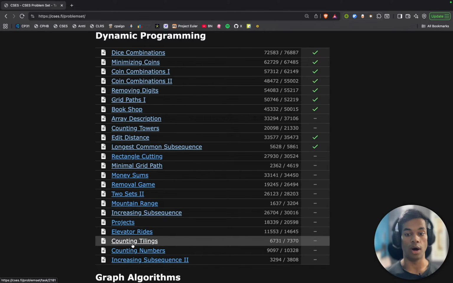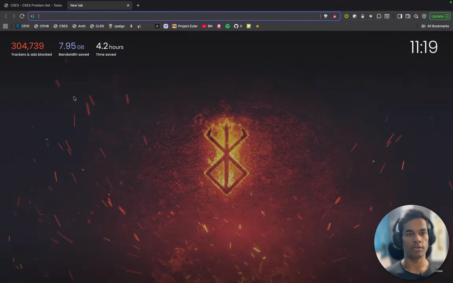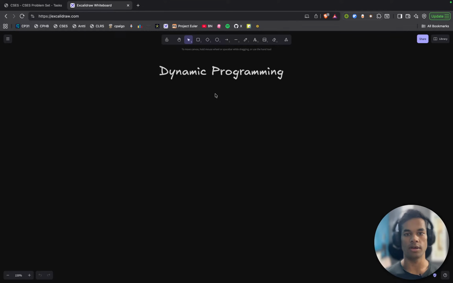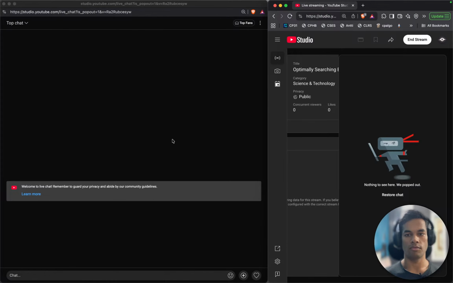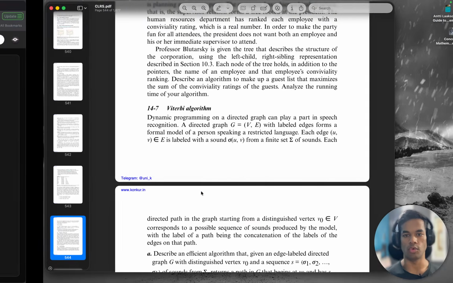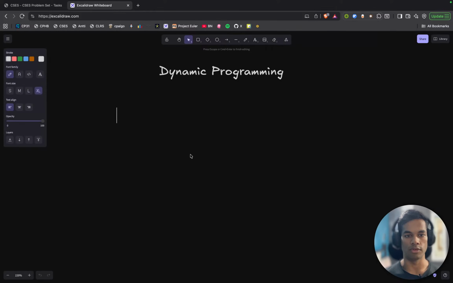I do not know how to do counting tiles, and it is going to be pretty cool to get to know that. But with all the tools that we have gathered till this point in dynamic programming, I think we are pretty well off compared to where we were only 3 to 4 days ago when we began solving all of these questions.